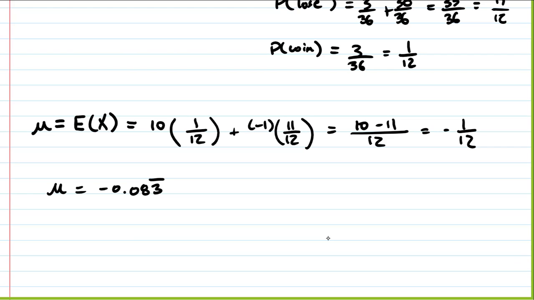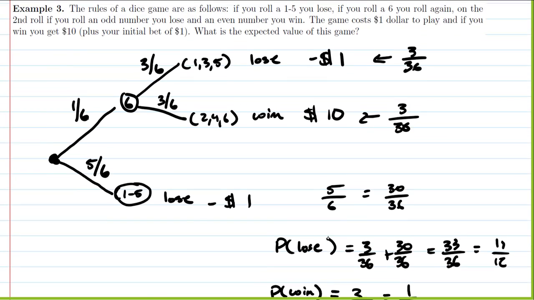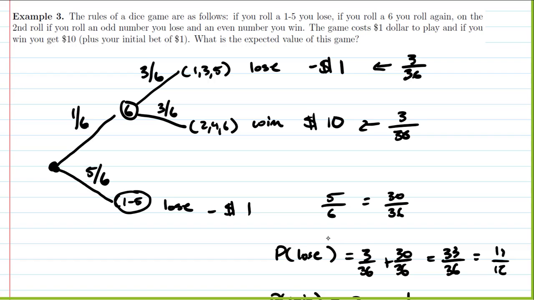So if you lose 8 cents per play on average, if you played 100 times, you would expect to lose about 80 cents. So the expected value tells us what happens if you continuously play this game. Would you want to play this game with someone again and again? No. You might win a little bit and lose, but if you kept playing over time, on average, every game you lose 8 cents.